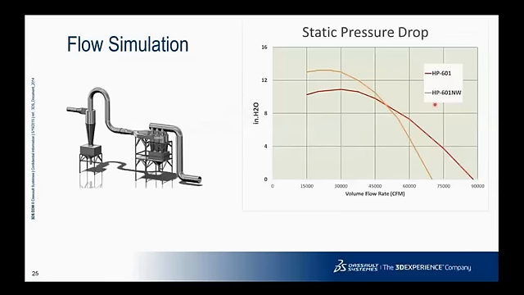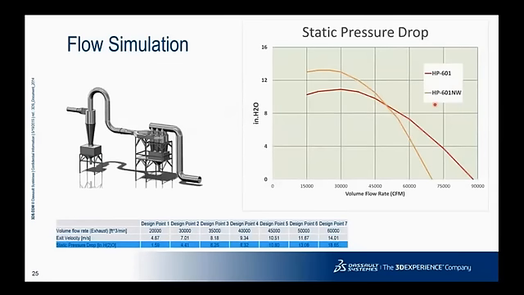So we have our fan data. We have our results from flow simulation, which can take a very short order for a very quick run. And then we can plot that on the pressure drop curve versus volume flow rate to identify which fan we want to go with. In this case, for example, if we pick the narrow width fan, our operating point is going to be at 45,000 cubic feet per minute with a pressure drop of about 10.6 inches of water.